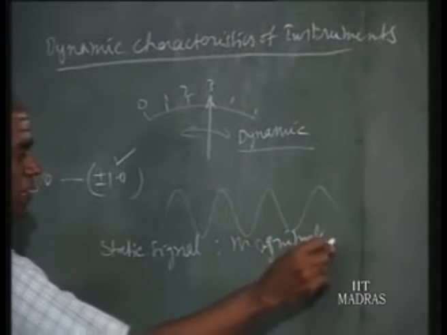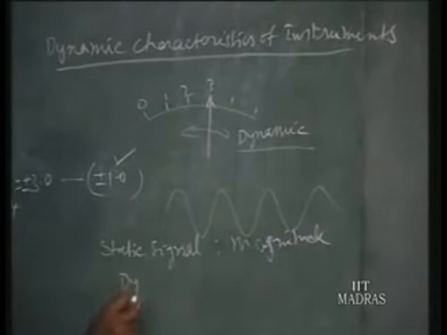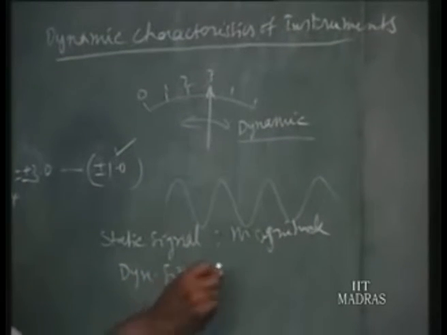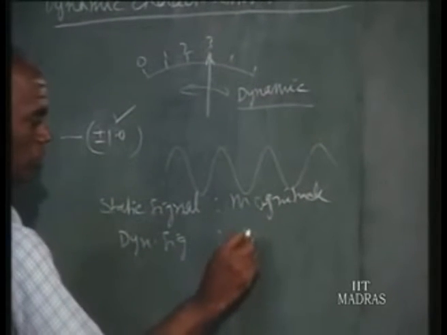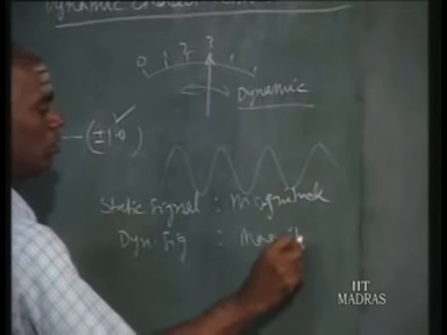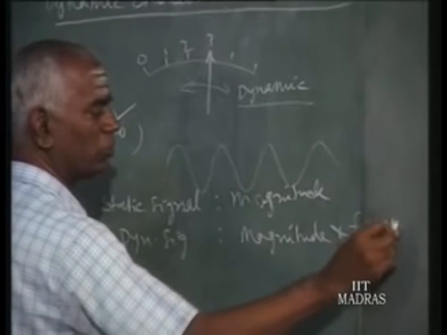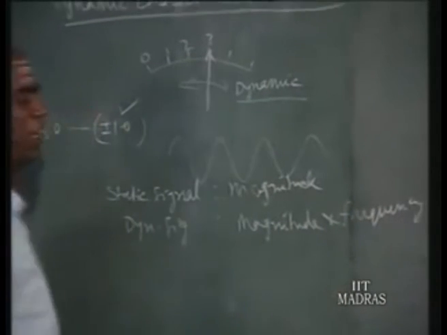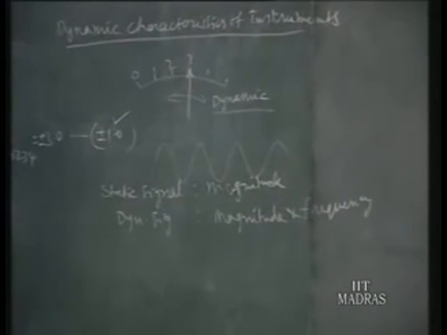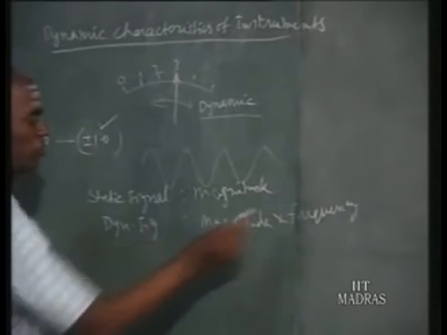Whereas for a dynamic signal, we have two quantities: magnitude and frequency. These are the two measurements you have to make, because how often the change is taking place is given by the frequency.